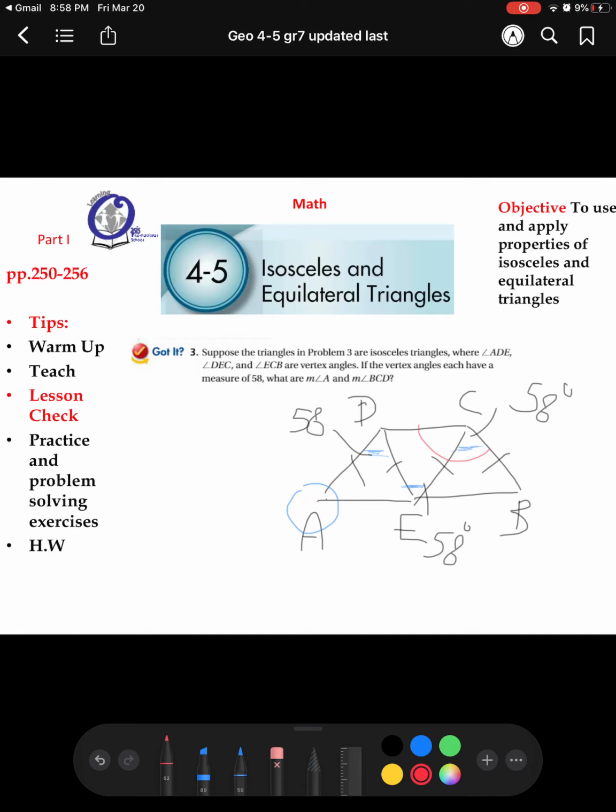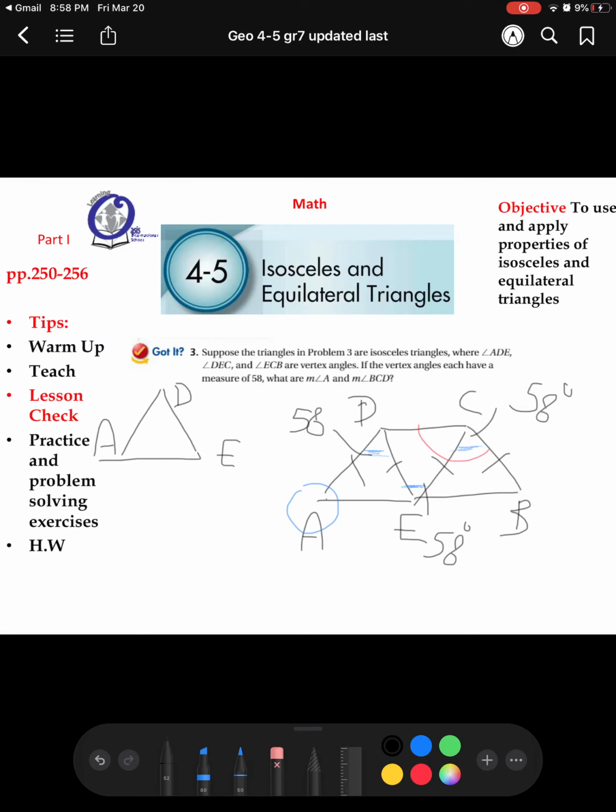Since he asks about A, I'm talking about the triangle that includes A. ADE is an isosceles triangle which has the vertex angle 58. So I will just draw ADE. This is the D, this is the A, and this is the E.